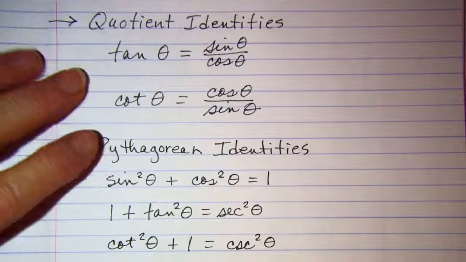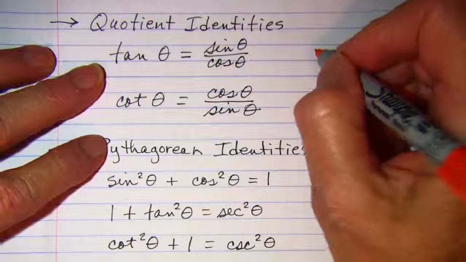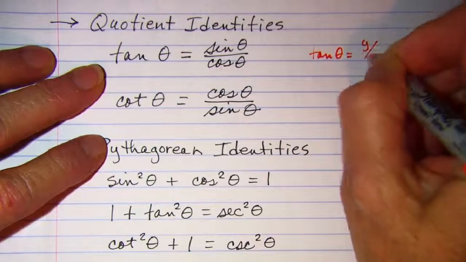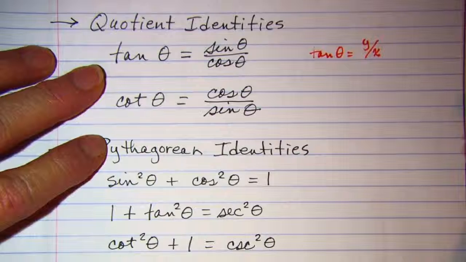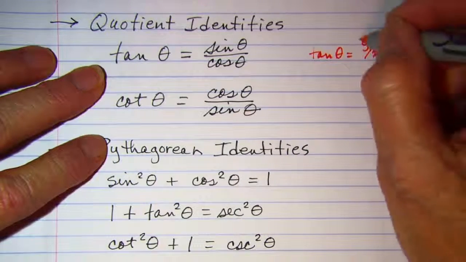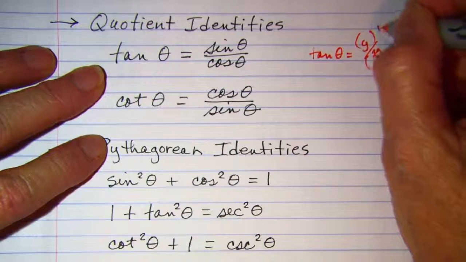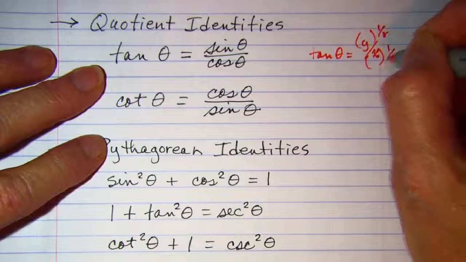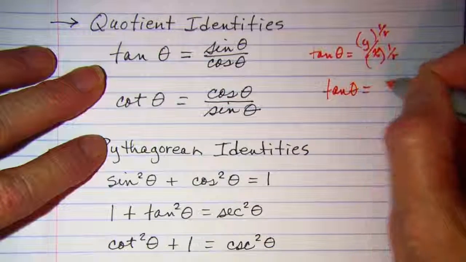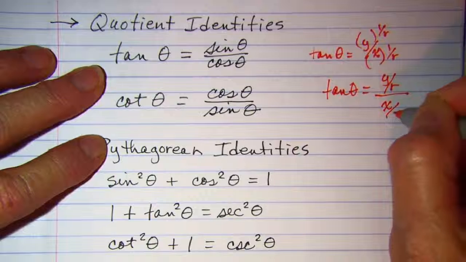Now, just looking at some of these, we know that tangent is defined as y over x. So we could divide top and bottom of this fraction by r and get tangent theta equals y over r divided by x over r.